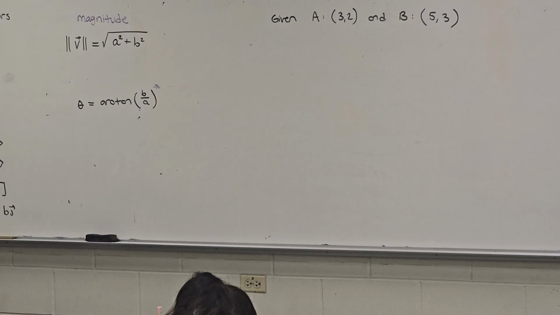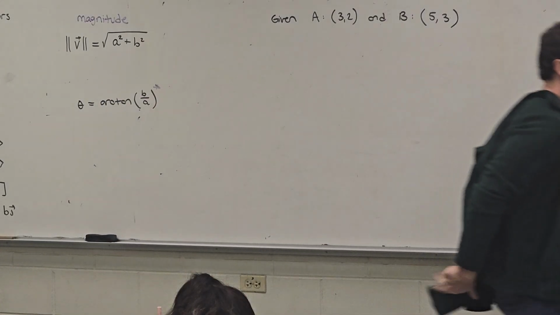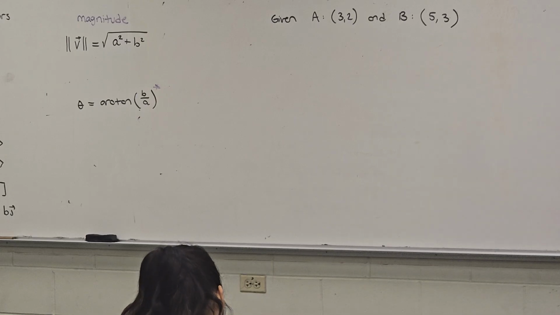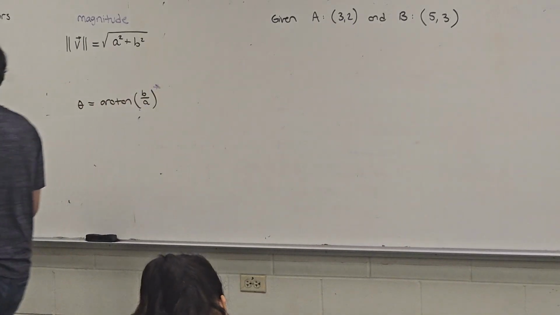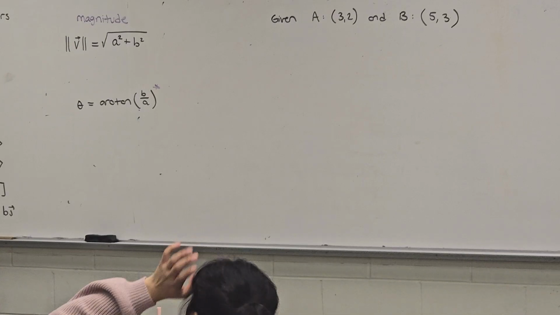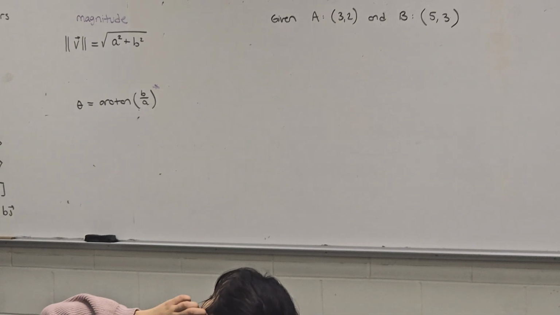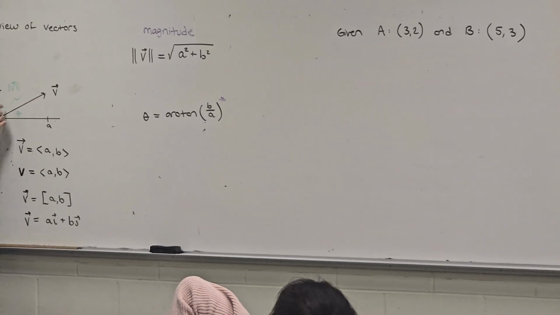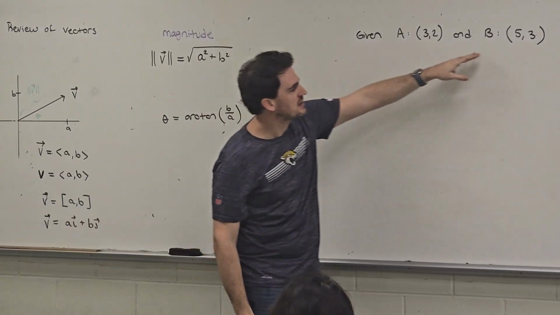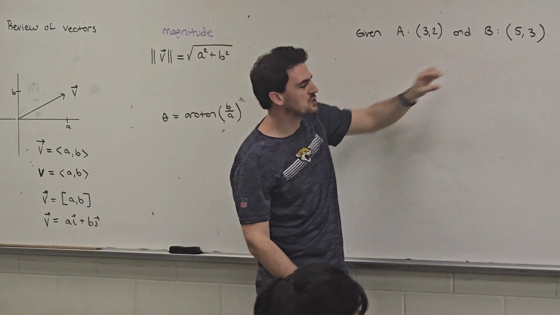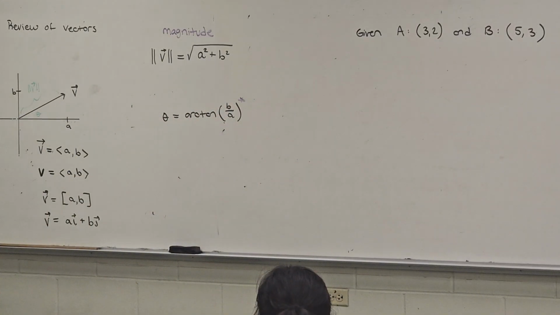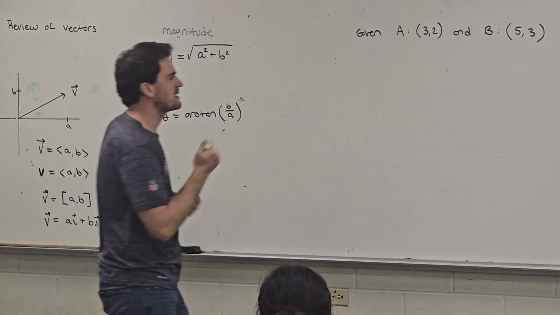So on the board in that first picture, I drew a vector in standard position, which meant that the vector starts at the origin and ends at the point a, b. So we only have to think about where the vector ends because we know it starts at the origin. If we don't have a vector that's in that standard position and we're just given 2 points, a starting point and an ending point, then all we have to remember is just final minus initial.